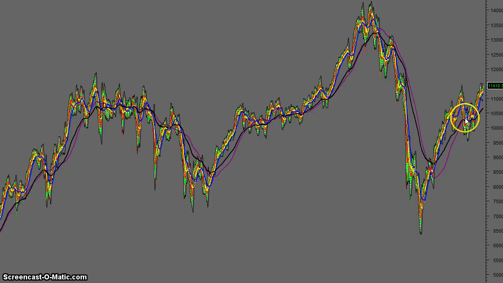What's happened now is we've had the purple cross over the black, and we've had this little bit of an off time in here. Now the interesting bit is that these two are very, very close together once again.